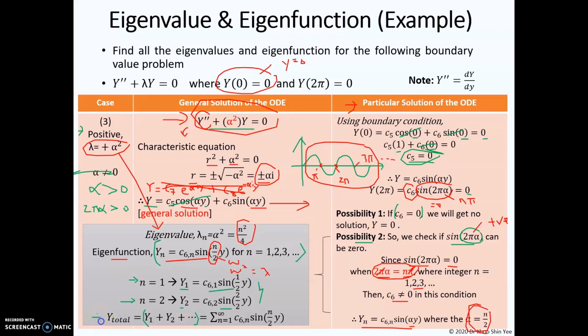So your total solution will be equal to the summation from n equal to 1 to infinity of the yn solution here. This is the final solution to this ODE. Through this example, you should have learned how to obtain the eigenvalue and eigenfunction for this differential equation, and also how to use the eigenvalue and eigenfunction in order to find the total solution.